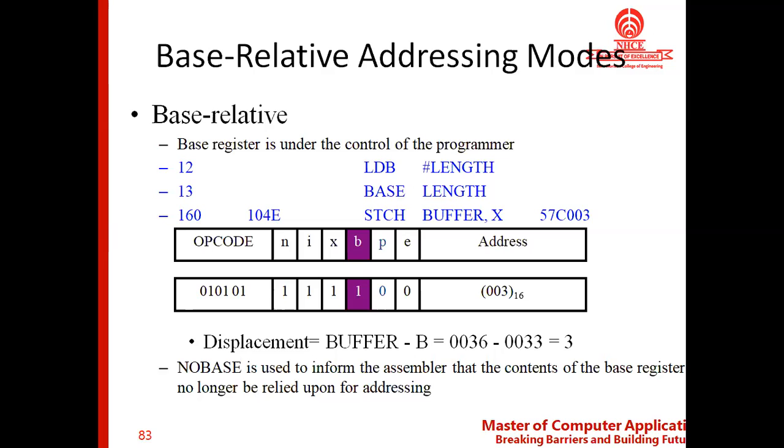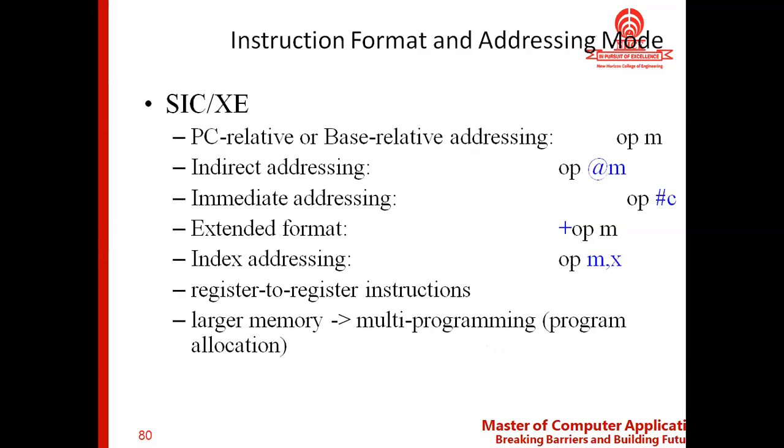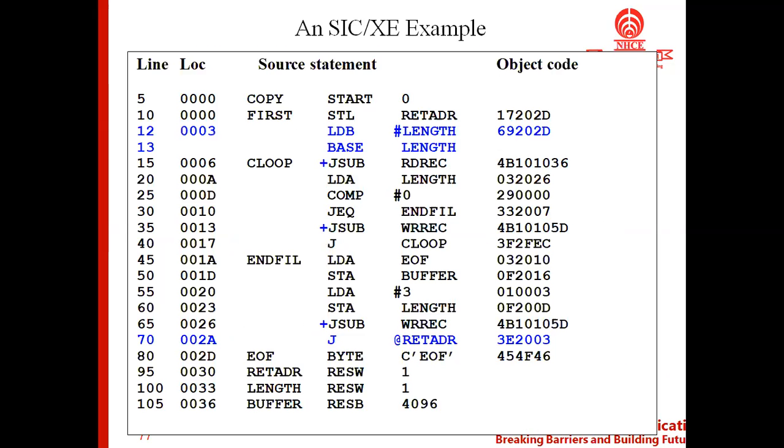So what is the value of TA? We should get it from the program. If you look at the program, buffer is defined in line number 105. The location is 0036. This is the target address. So where the buffer is defined in the location, that is the target address of the buffer.